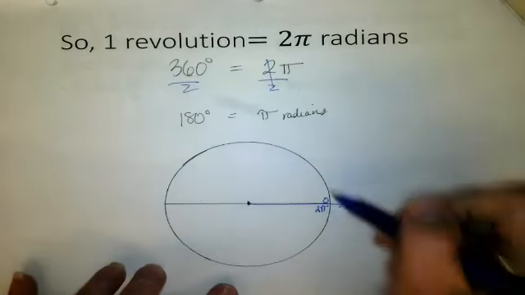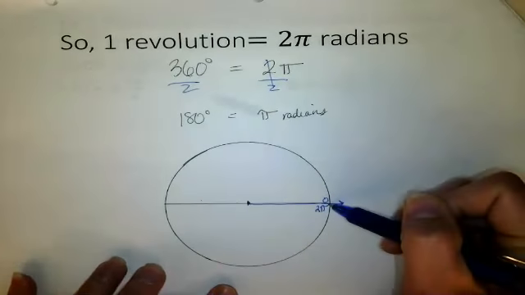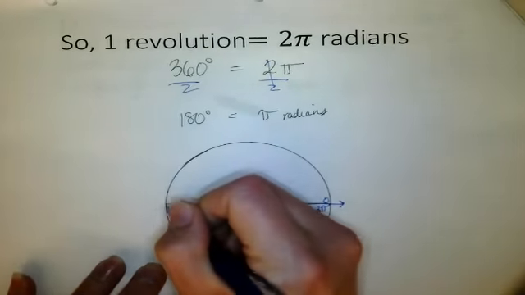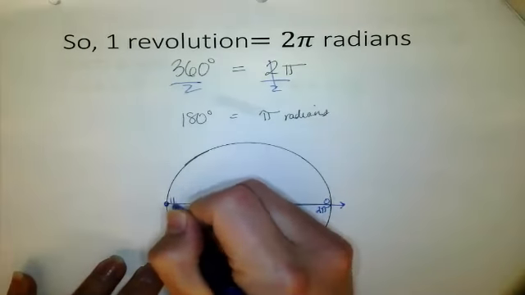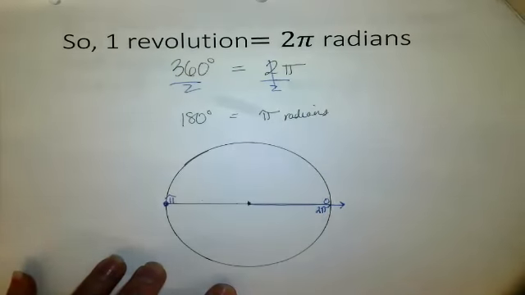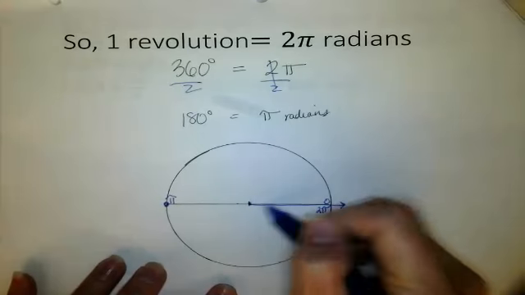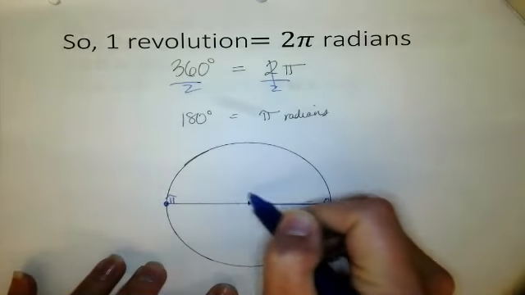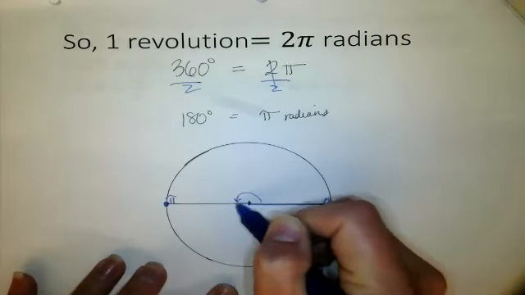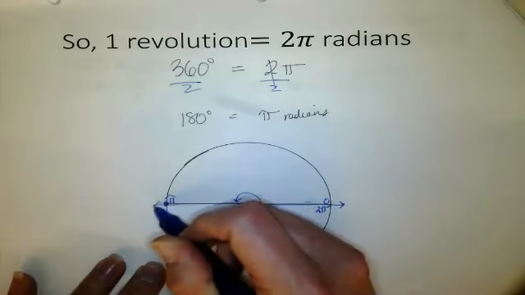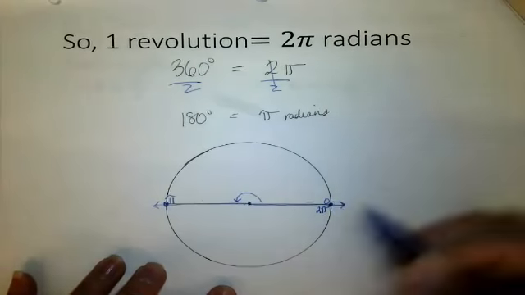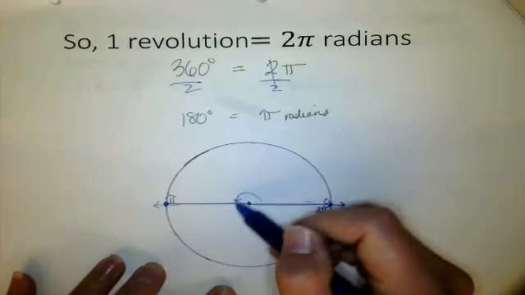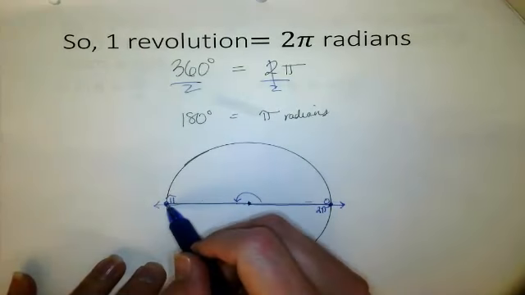So if all the way around is 2 pi radians, what would landing here be? If I'm just opening here and opening up just this far, what would that be? Pi radians, which is equivalent to 180 degrees. Are you with me so far? Okay. All right. So 1 pi radians lands right here at 180 degrees.